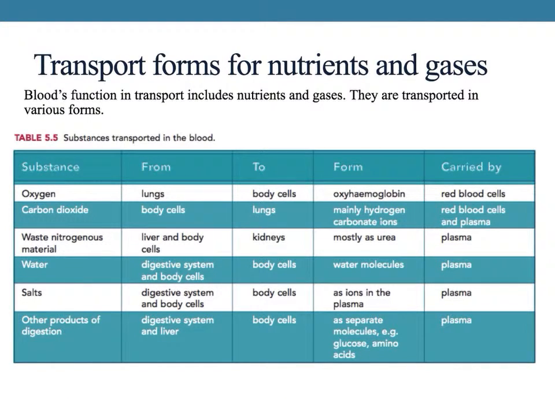Here is a summary table. You should probably copy this into your books and learn it. So what we have is your substances, where they're transported from and to, the form that they travel in, and what carries them.